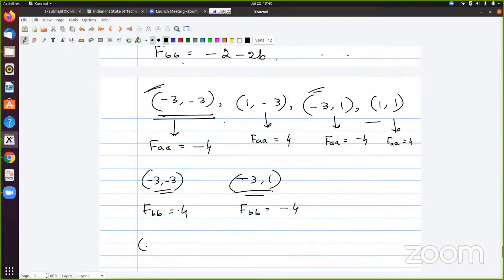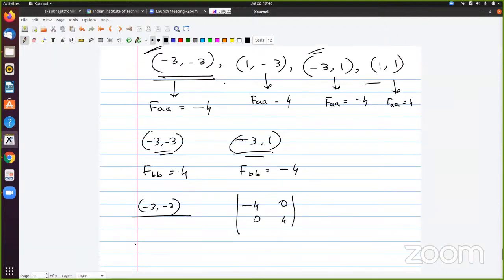So for (-3, -3), the Hessian is basically [-4 0; 0 4]. And for (-3, 1), the Hessian is basically [-4 0; 0 -4]. So the determinant is here -16, here +16.